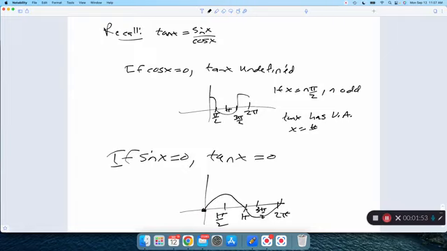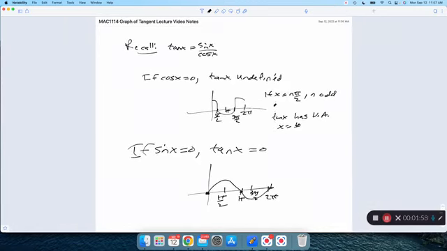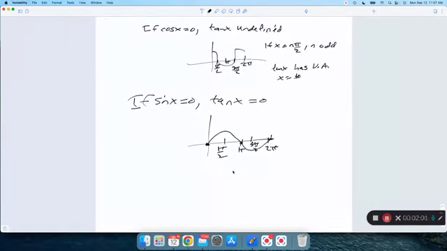That happens here at the pi's. Or if we want to make it symmetric with the cosine, at the even pi over 2's. So that's at x equal n pi, where n is any integer, positive or negative. So at the whole number pi's, tangent's going to be 0. At the odd pi over 2's, tangent's going to have a vertical asymptote.